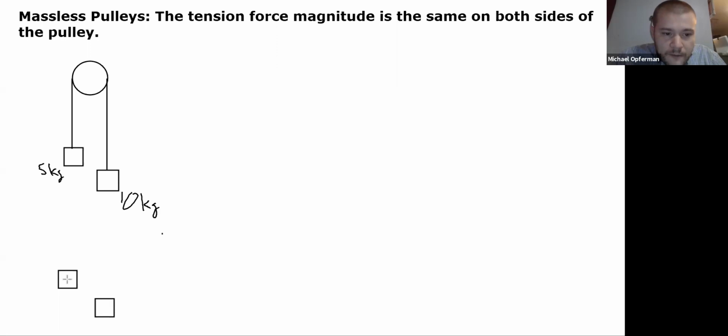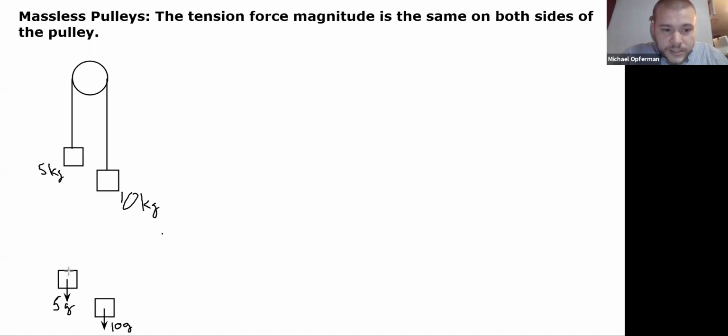Of course we're going to have gravitational force on both blocks. The gravitational force points downward as always. I'm going to drop my units to save some space here, in which case this one is going to be 5 times g from the 5 kilograms, and this one is going to be 10 times g for 10 kilograms. So those are my gravitational forces.